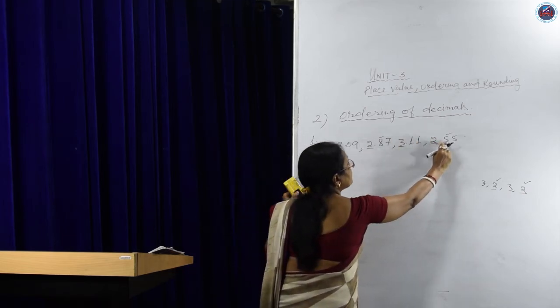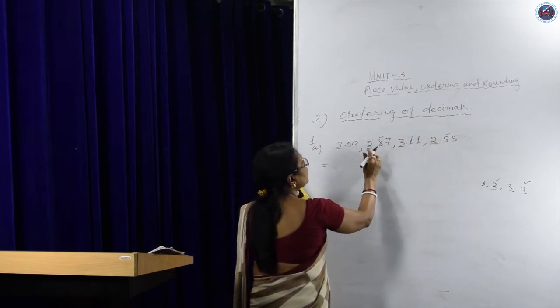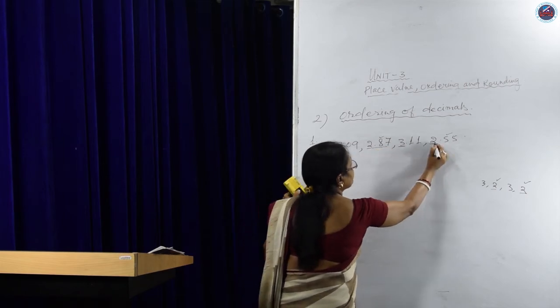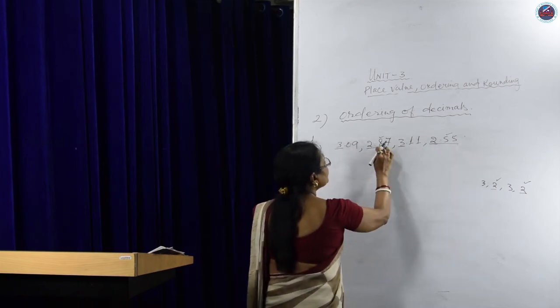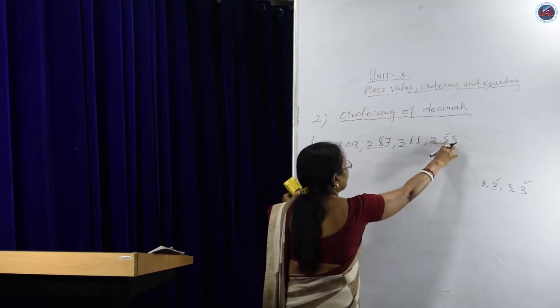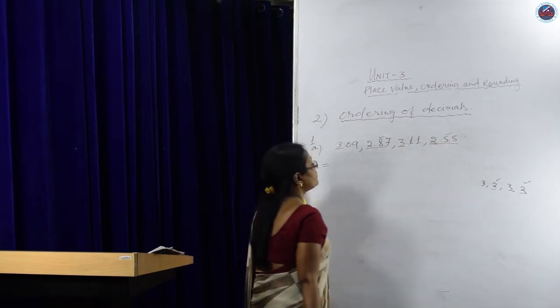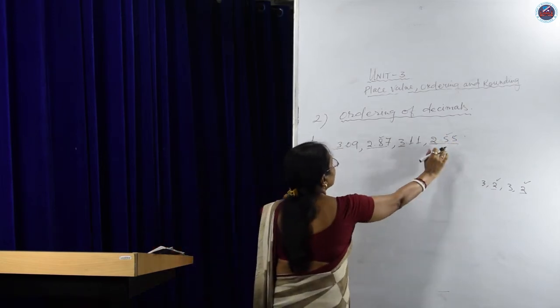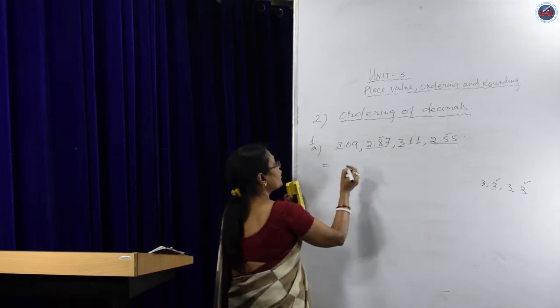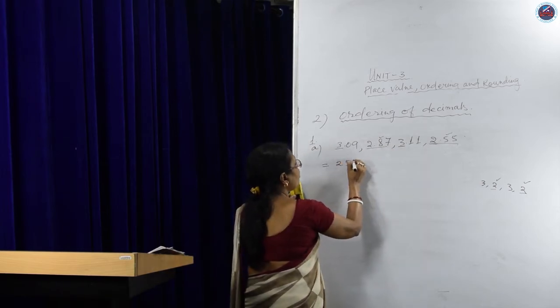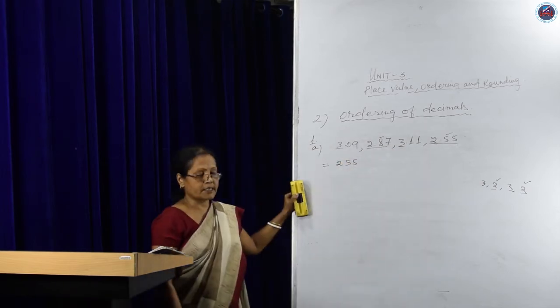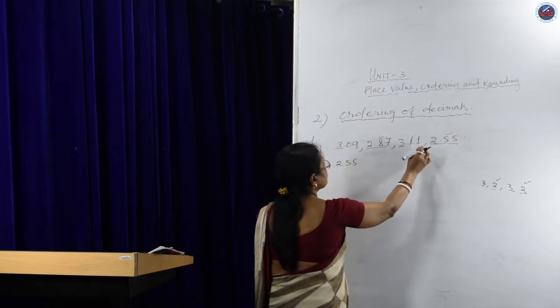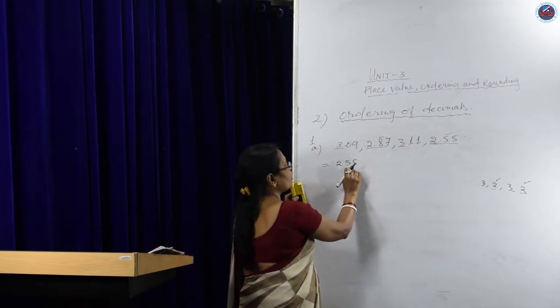You know that 5 is smaller than 8. So when you compare both these decimal numbers, 2.87 and 2.55, naturally 2.55 will be smaller than 2.87. So 2.55 is the smallest decimal number out of this set.